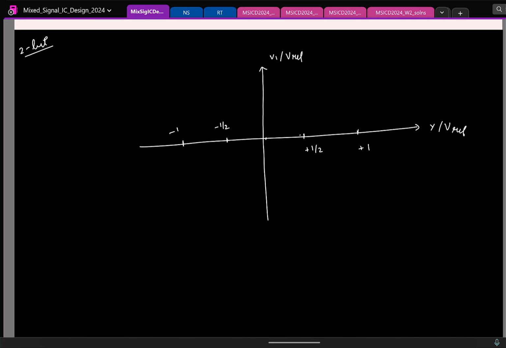Right? Cool. So now any input in this range of 0 to 1/2, what might be the value to which you quantize it? I mean 0 to Vref, what will be a reasonable value we'll round it off to? 1/4. So that's what we will do. So let's say this is quantized to 1/4.